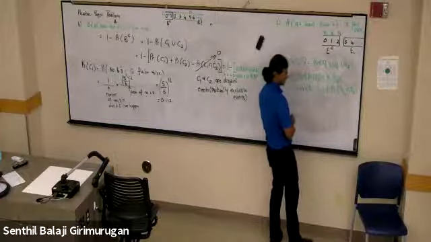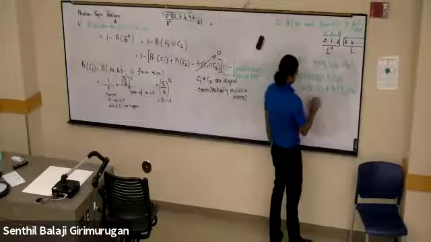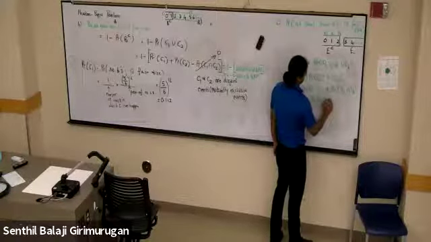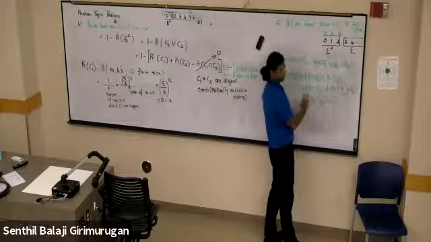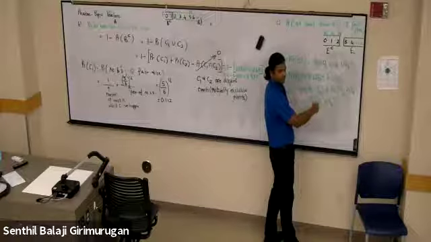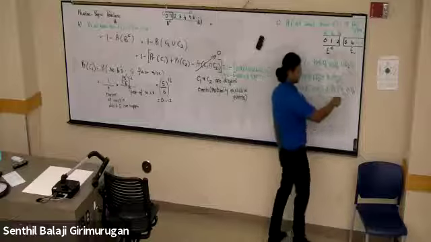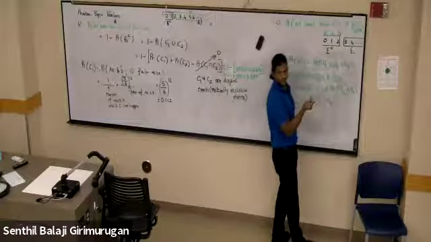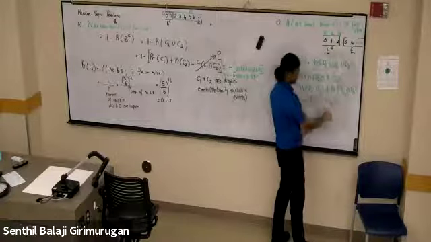The next one, minus the probability of D1 intersect D3. I'm maintaining this order because of the inclusion-exclusion principle. We always write it as i less than j. Good. What is the last term?